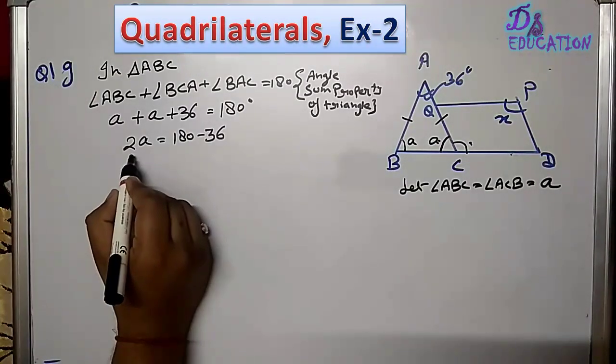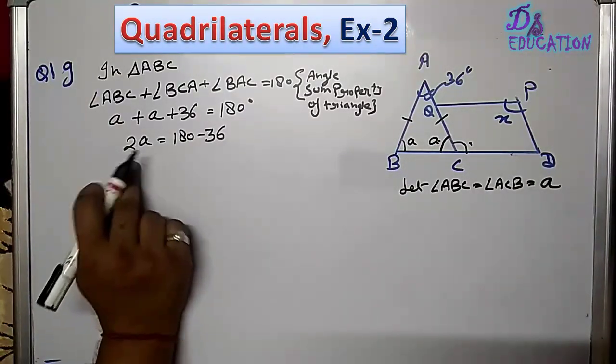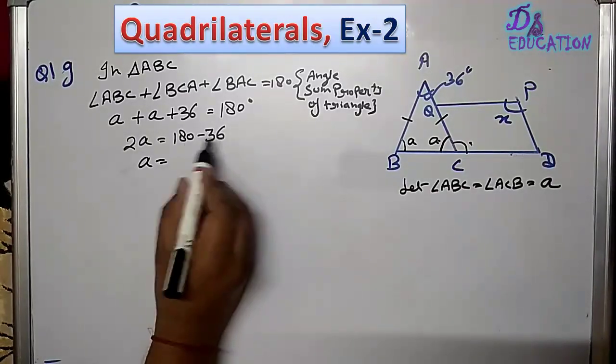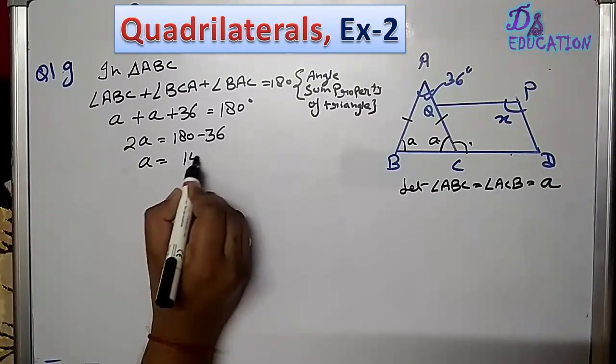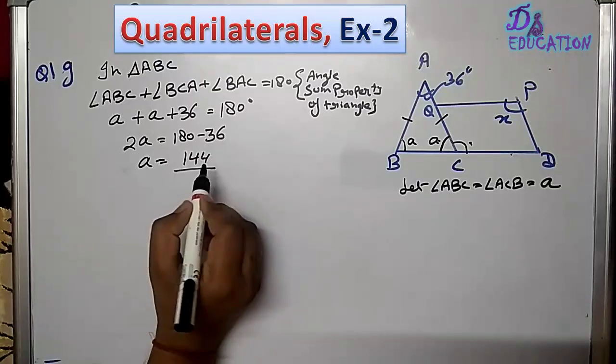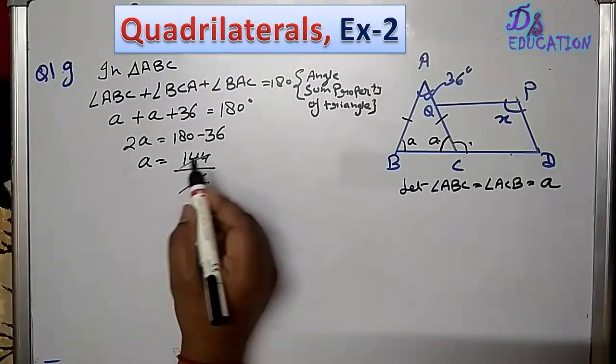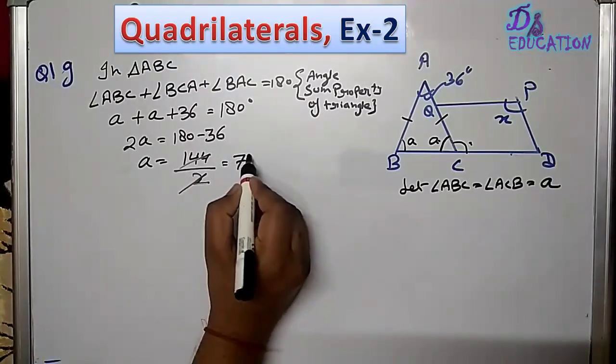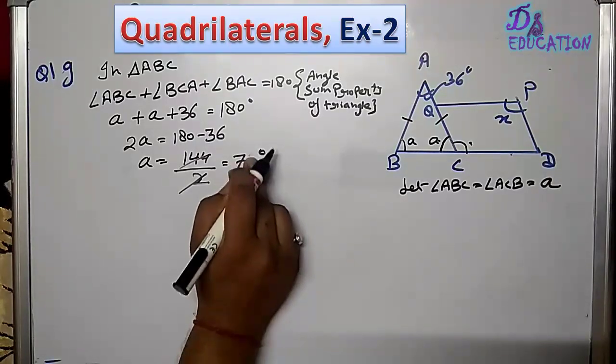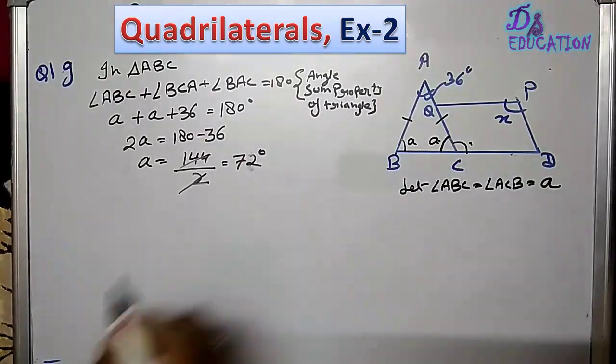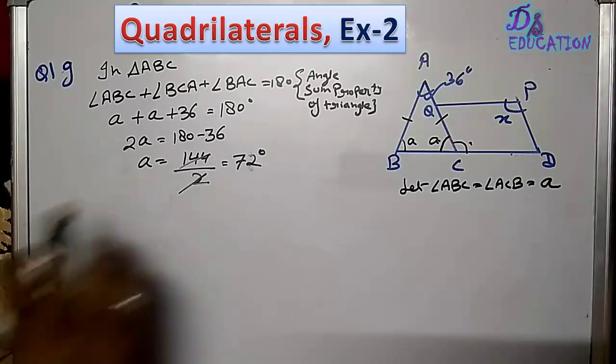So A will be equal to 180 minus 36, which gives you 144, divided by 2. So 2 7 14, 2 2, that is 72 degree. So 72 degree is the value of A.